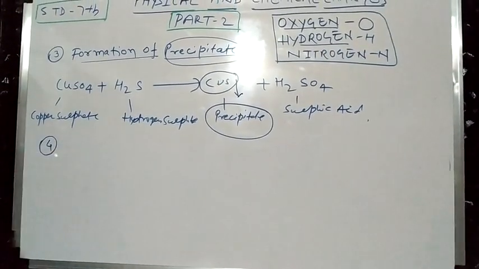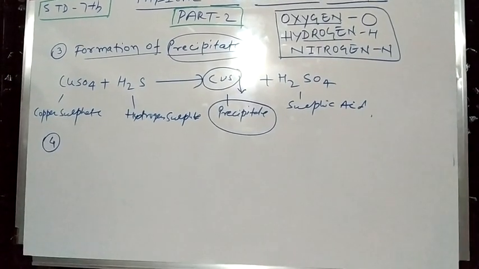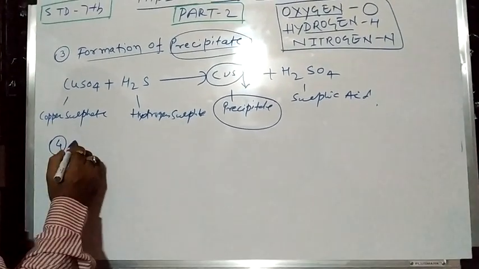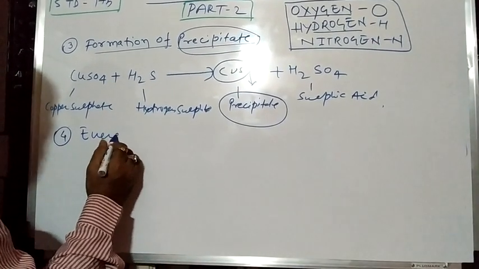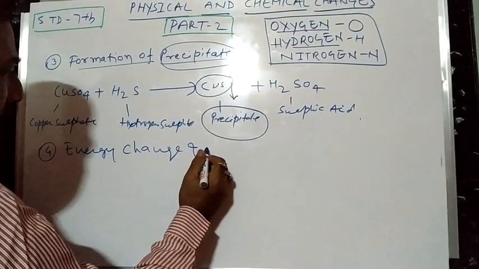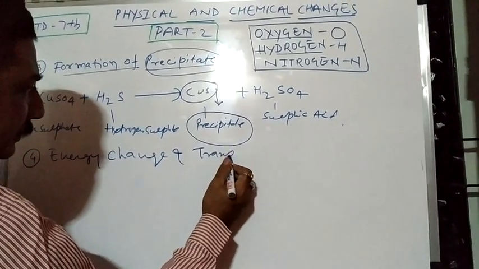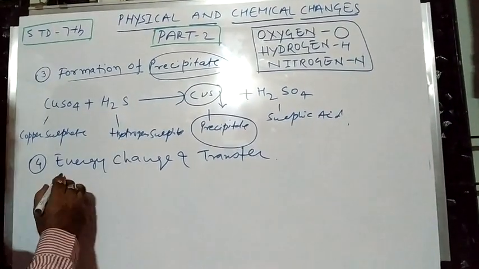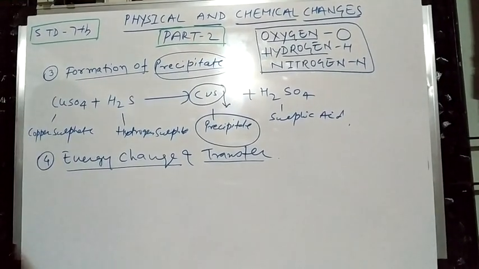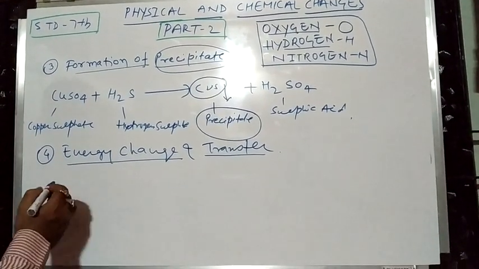Now the fourth is the last one, let us go ahead. Energy change and transfer. So how energy is changed and transferred in a chemical reaction, that we are going to understand.